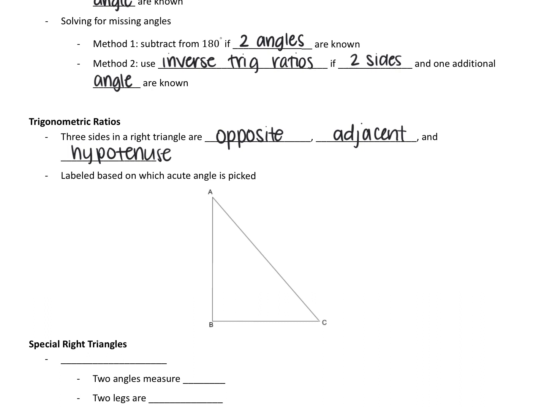So I have my right triangle here. Angle B is my right angle. The nice thing is the hypotenuse is always opposite our right angle. So that's the one that is always the same, is our hypotenuse. The opposite and adjacent sides are based on what angle you're looking at.